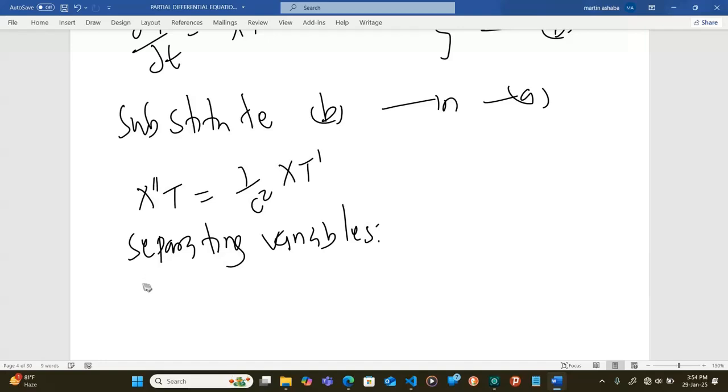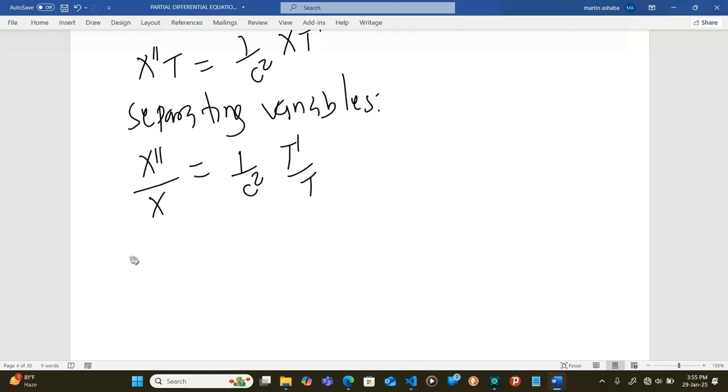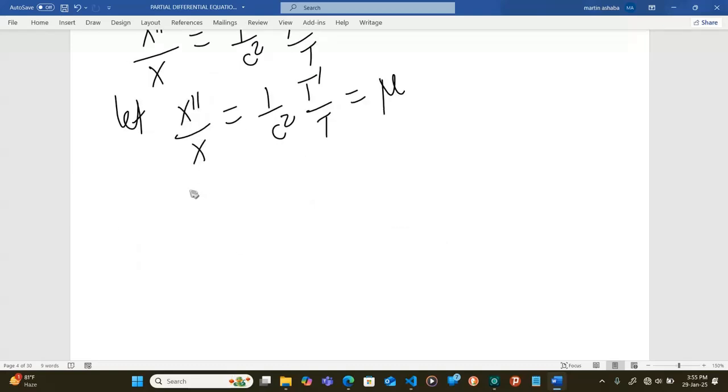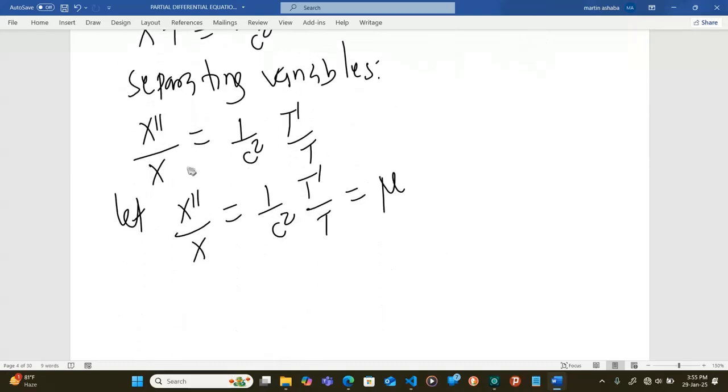This means that I'm going to have X double prime divided by X equal to 1 over c squared, then T prime divided by T. But I will say, let X double prime divided by X equal 1 over c squared, T prime divided by T, equal to, for example, I'll say this is equal to nu, and what is going to happen is that I'm going to do something like this.